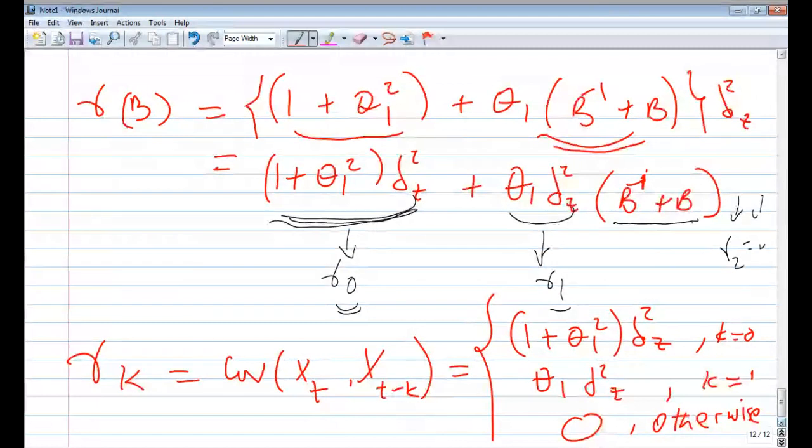Any question before we proceed? Sir, what is that b plus b to the power of 1? Is it a constant? It will always be there. You can't say it's a constant. Yes, go on.